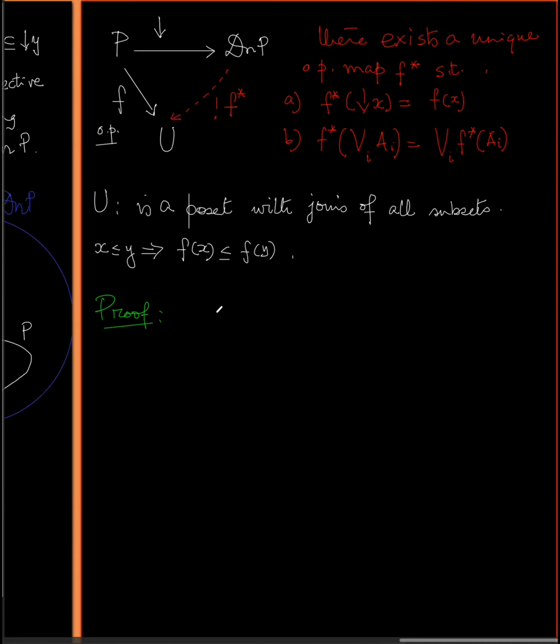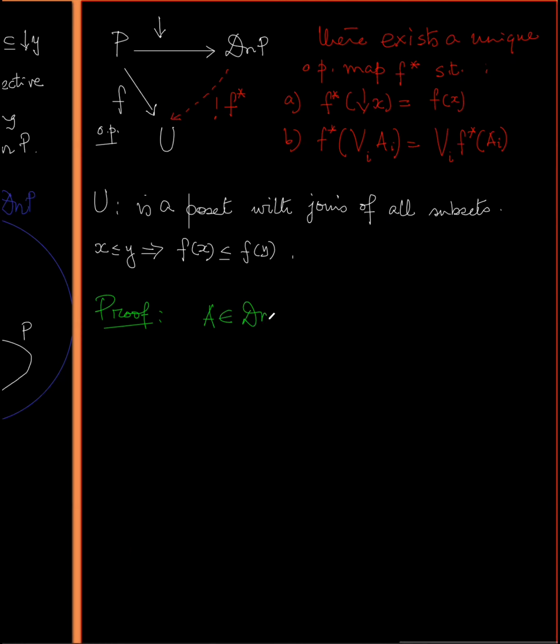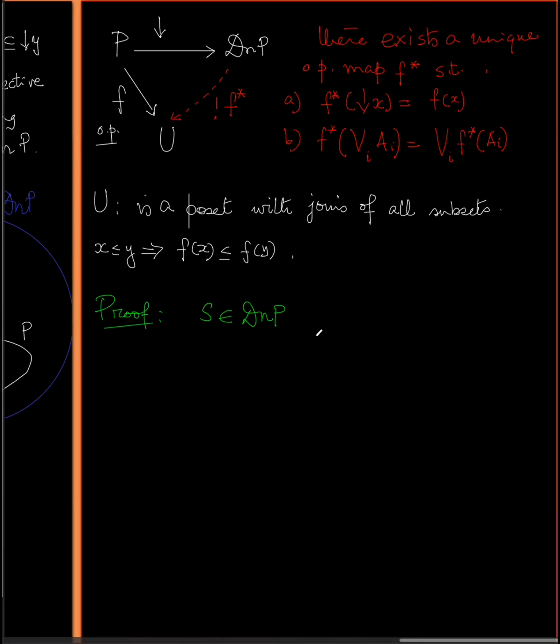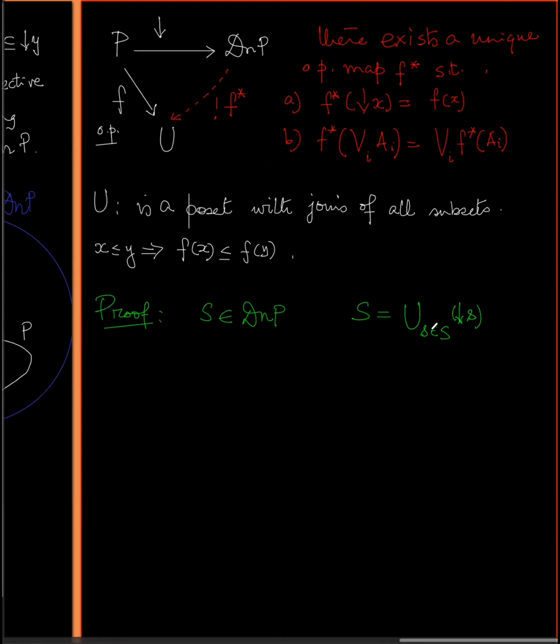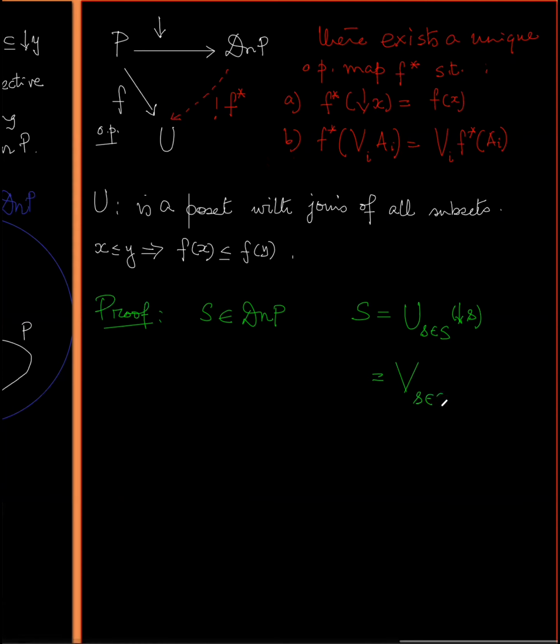So suppose I take an A. Now I know that this is actually the join of these principal downsets.